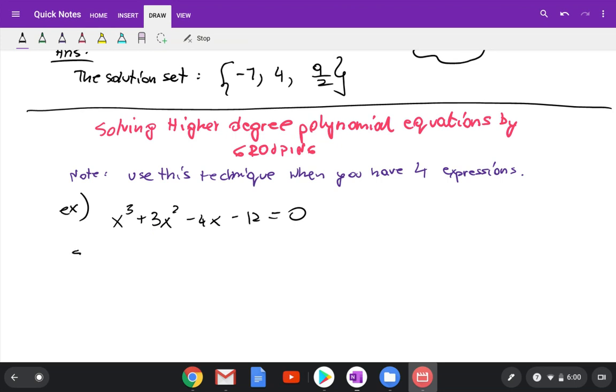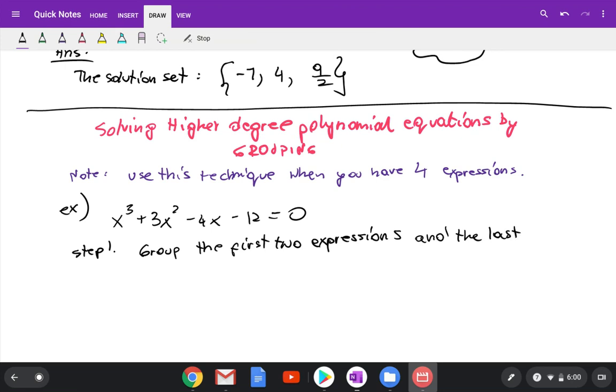So let's write down the steps. Step 1, group the first 2 expressions and the last 2 expressions together.